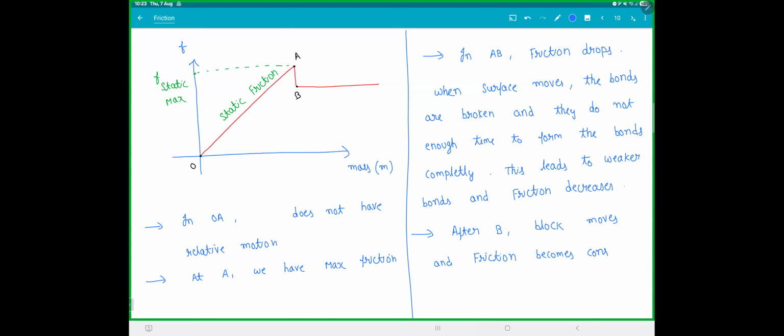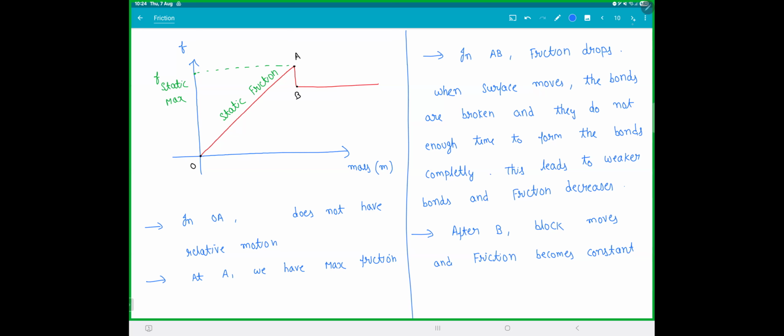That is the reason why you have a dip in the friction. Once you start moving, the molecules cannot get proper grip on each other. The bonds that form will be a little weaker. So as long as you're moving, the bonds which are forming are continuously weaker. Clear, everyone? That is the theory of what is happening there.